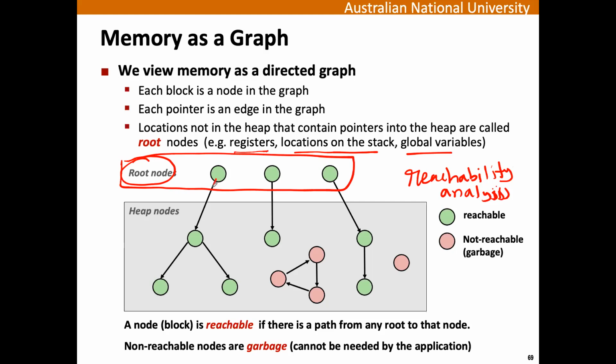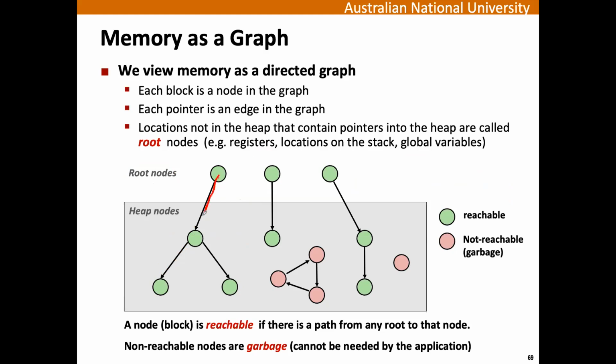So if I have a pointer from this node inside the heap, and let's say this is a struct with two pointers, a struct car, with a pointer to registration number and a pointer to whatever type, the garbage collector can see those pointers and make a note that these two nodes are also reachable from the root node.